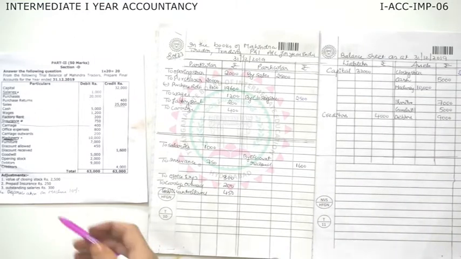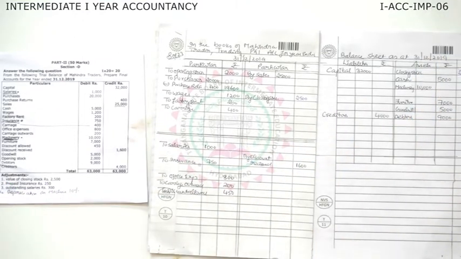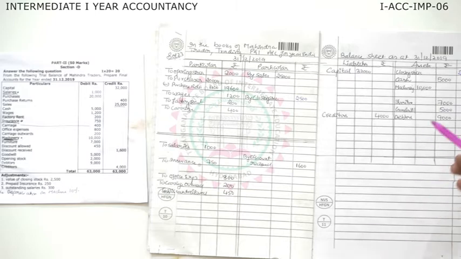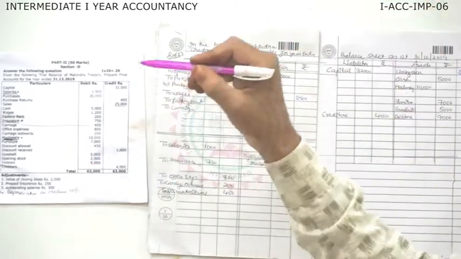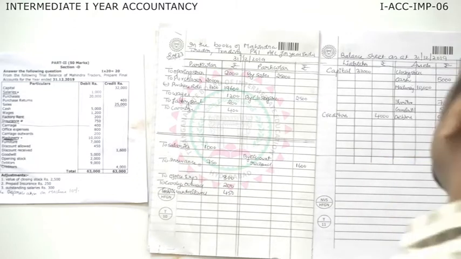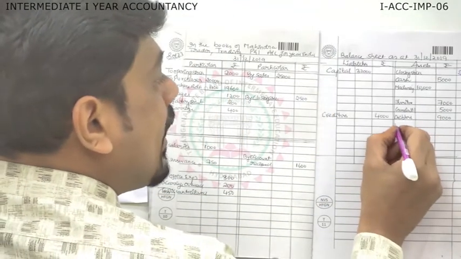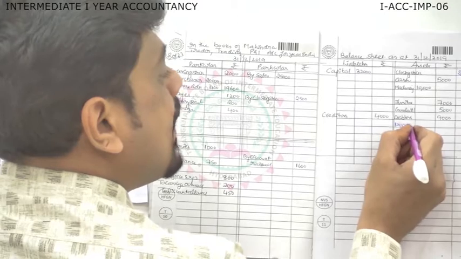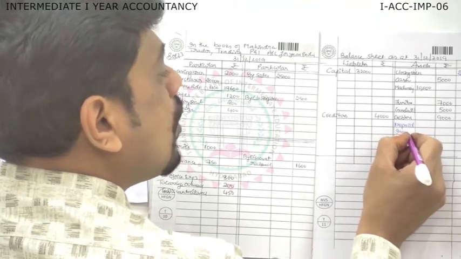Then prepaid insurance. Whenever they say prepaid, the first thing you have to do is show it on the asset side and subtract it from the respective expense. Here they told insurance, so we subtract from insurance. We go to the asset side and write prepaid insurance.